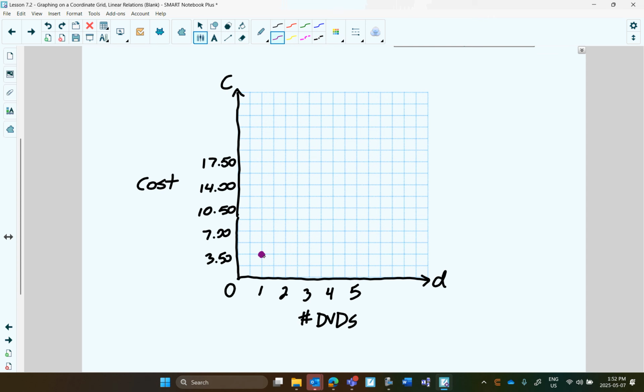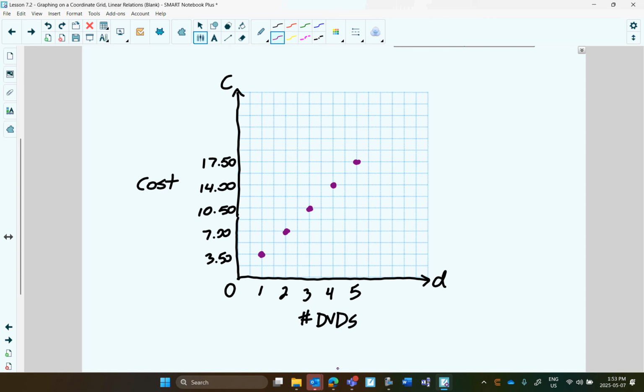Then 2, $7. 3, $10.50. 4, $14. 5, $17.50. Okay? We assume that we could keep going forever if we wanted to. So we're going to have to put an arrow on the end.